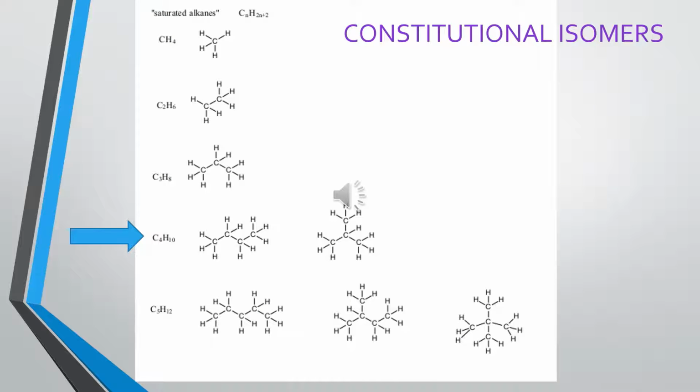So what you see on this slide are the series of saturated alkanes. Alkanes are a type of hydrocarbon, and of course hydrocarbons are organic compounds that are comprised only of hydrogen and carbon, and they're very, very important in energy, right? Gasoline, diesel fuel, home heating oil, jet fuel, crude oil, right?